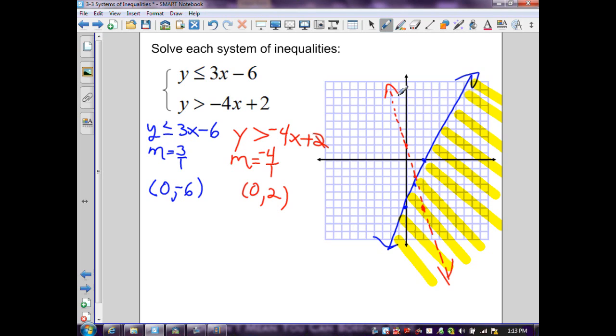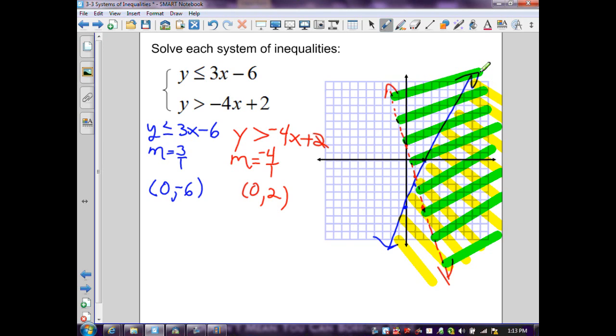Now I need to determine where I'm going to shade. I take a look at the inequality. It is just y values greater than that line. So I need to shade above the line. And the green shading represents all values that are solutions to that inequality.